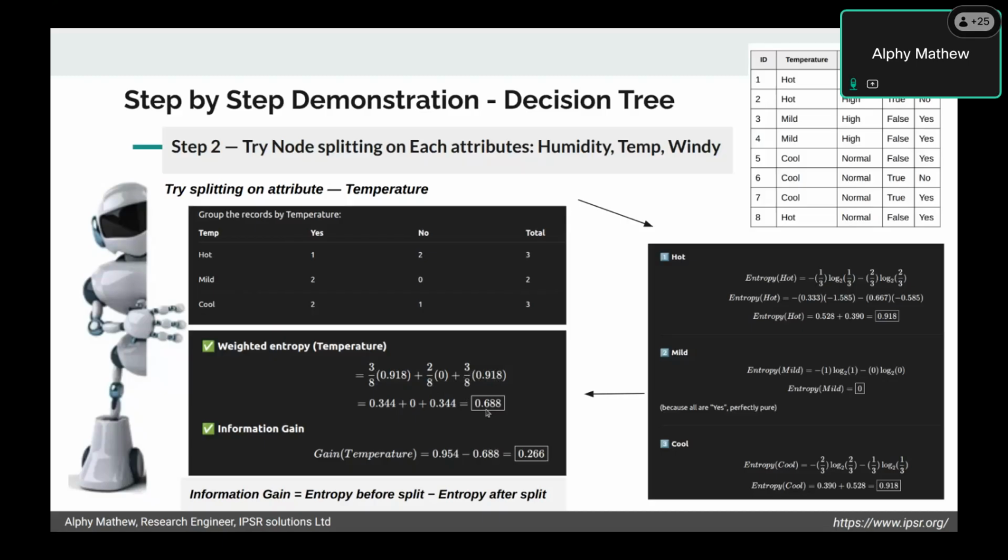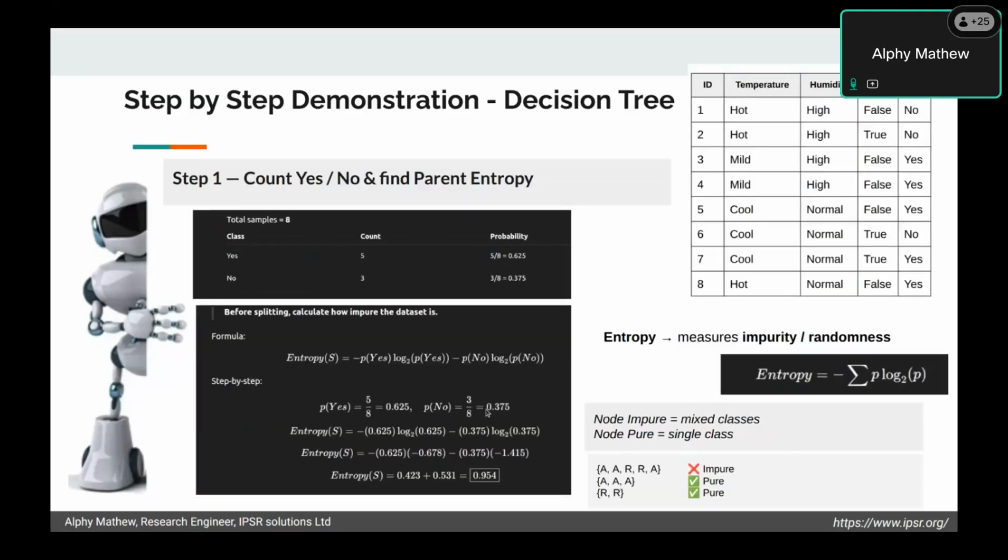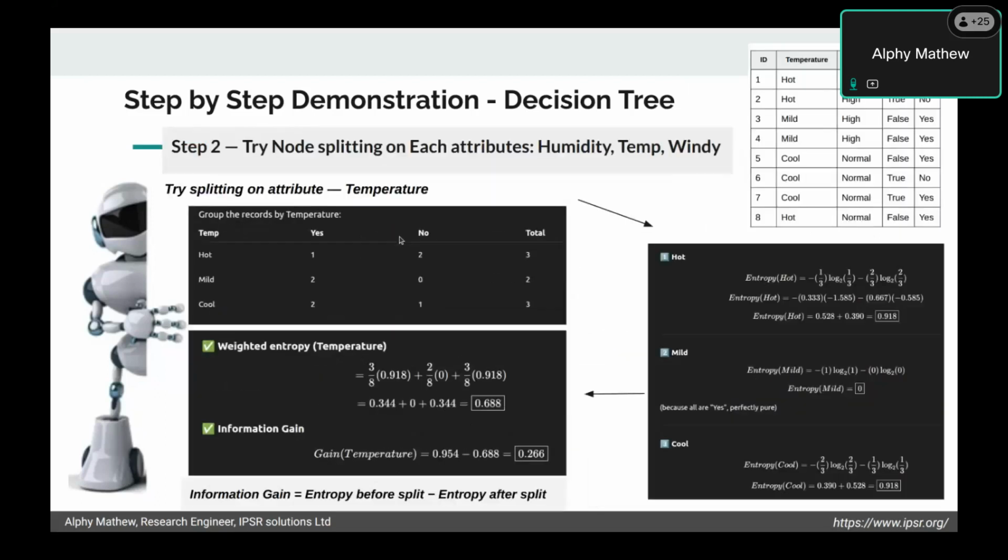Now we have the entropy of the temperature node and we have the parent entropy that we calculated in step 1. Now we need to find the information gain. Information gain is the entropy before split minus entropy after split. That is parent entropy minus entropy of temperature.